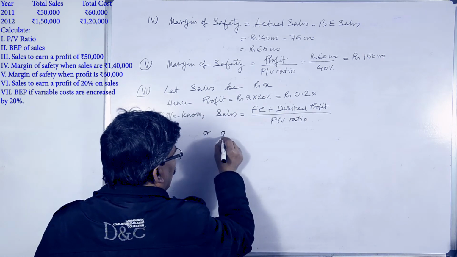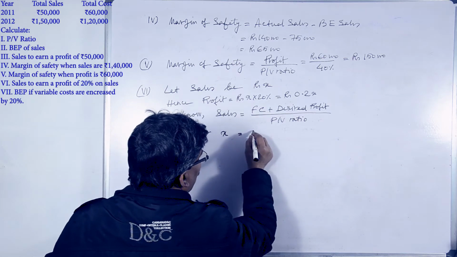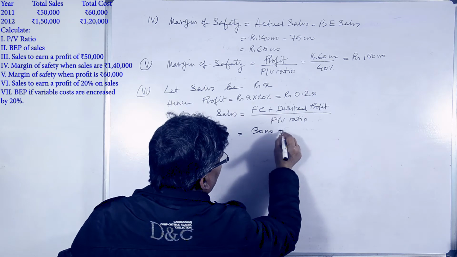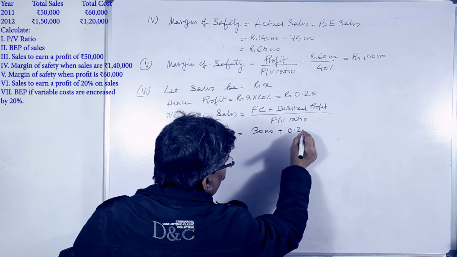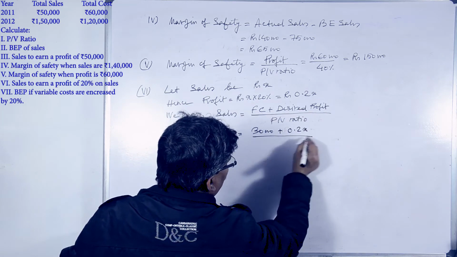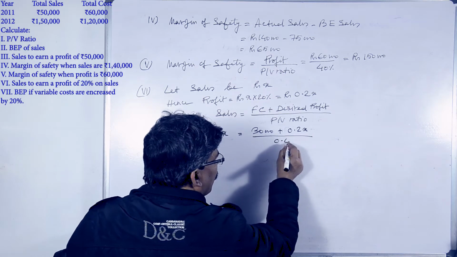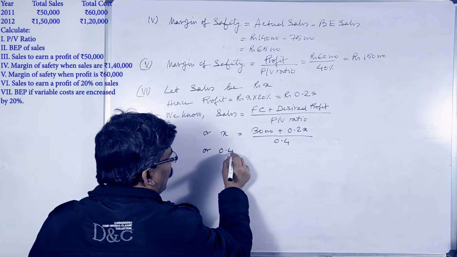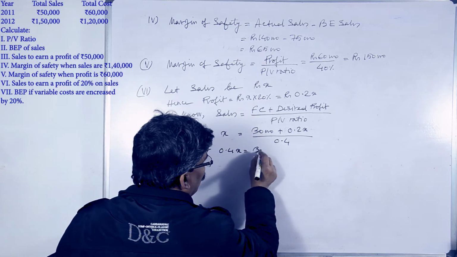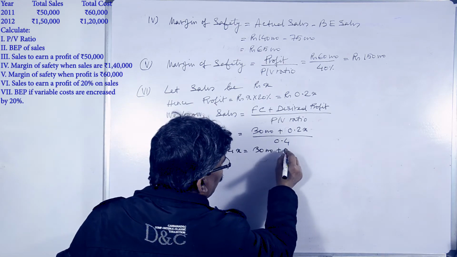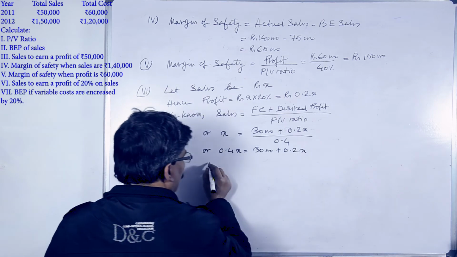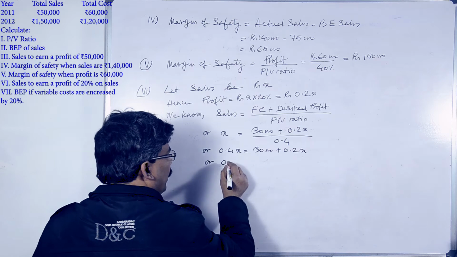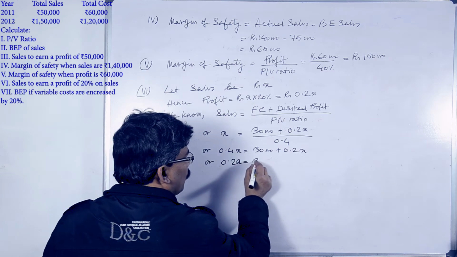Sales X equals fixed cost 30,000 we calculated plus desired profit 0.2x divided by PV ratio 40%. 40% can be written as 0.4 also. Or 0.4x equals 30,000 plus 0.2x, or taking that 0.2x to this side we get 0.2x equals 30,000.